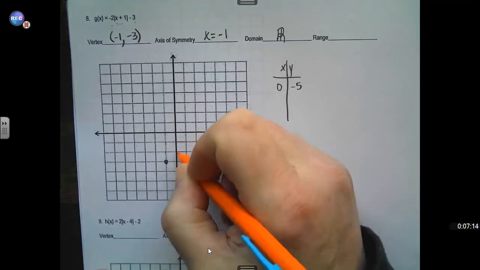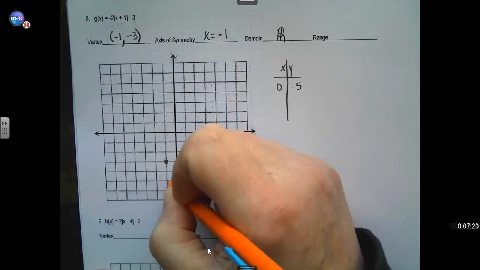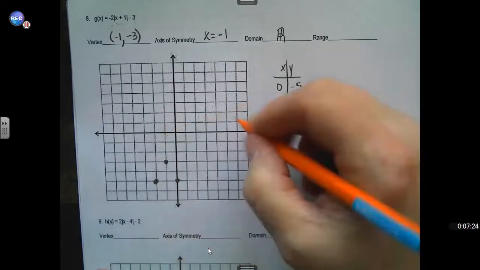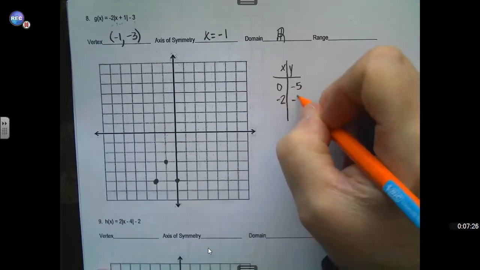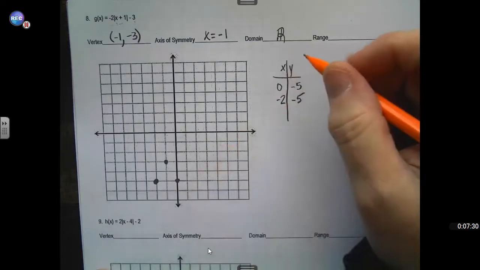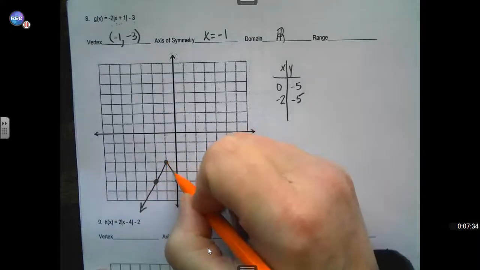That is 1, 2, 3, 4, 5. And I can use my axis of symmetry because I know that there's another point right here. Or I could plug in -2 and I'll get -5. And really, since this thing is opening down, that's enough points. I'm just going to draw in my graph.